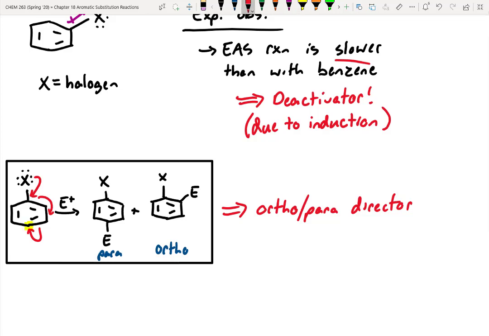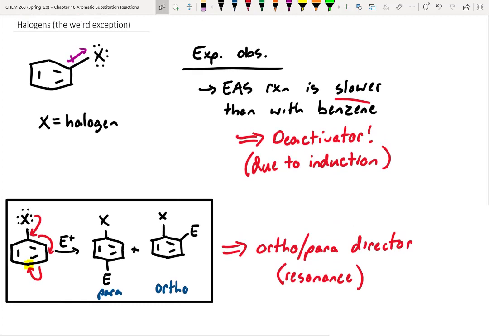So the best way to rationalize all of this is to say, well, resonance must be the reason why we're getting ortho-para substitution with our final product, but we know experimentally that the rate's slower, so it must be a deactivator. So this is kind of the weird exception to everything.